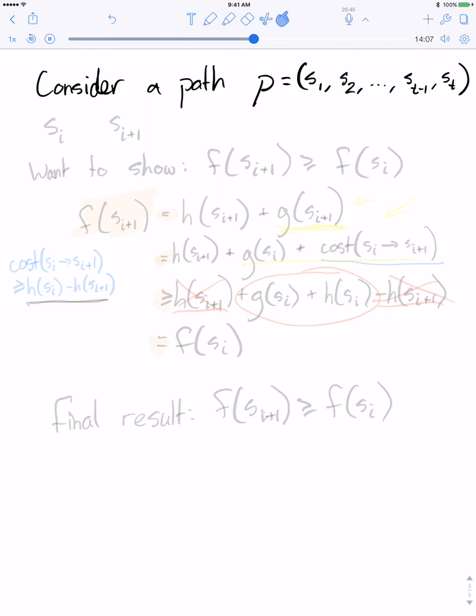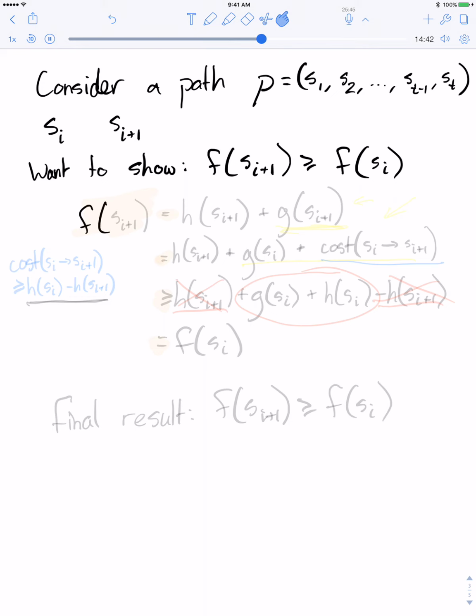So we're going to now, within that path, look at Si and Si plus 1. We want to show that F of Si plus 1 is greater than or equal to F of Si. Now we're going to deal with some inequalities. Brace yourself.